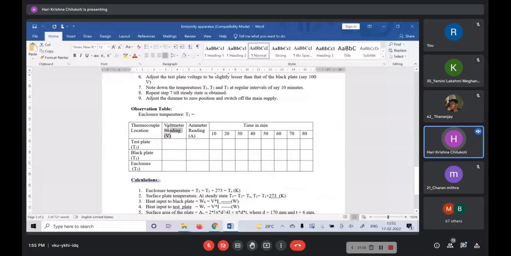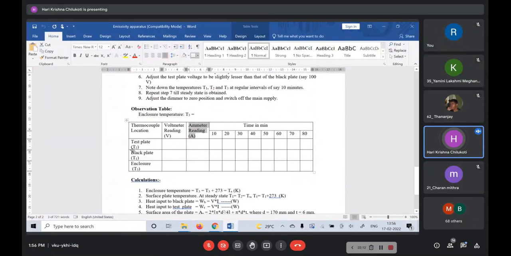As I have mentioned here, the voltmeter and ammeter readings are given to you, and we will set those appropriate readings for the heater in the test plate as well as for the heater in the black plate. After that, we will periodically note down the readings in the temperature indicator using the selector switch, every 10 minutes until two consecutive sets of readings are the same, so that we know that the system has reached the steady state.